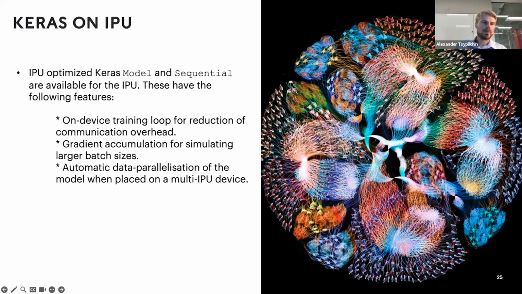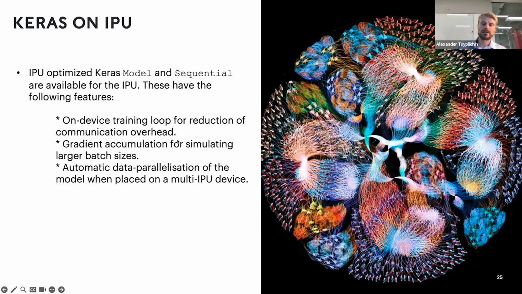Keras on IPU is based on a public repository that we maintain and that you can take a look at. We have implemented a couple of IPU optimized model classes for the functional model implementation and the sequential model. So a set of layers that follow each other.